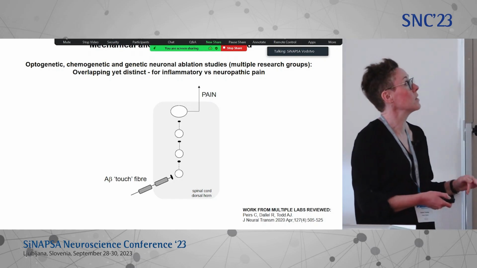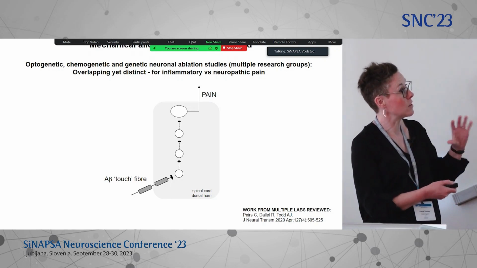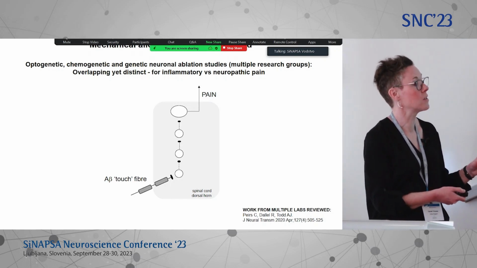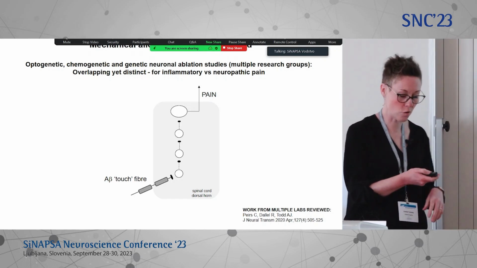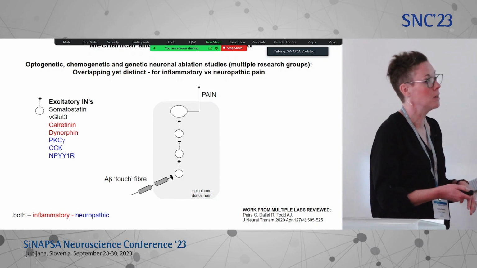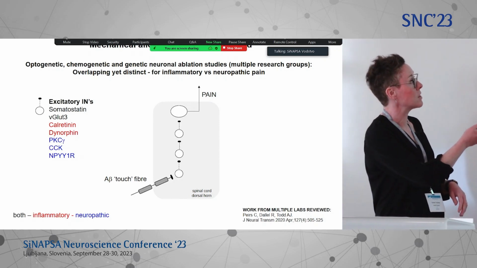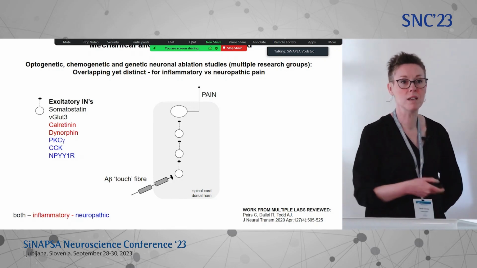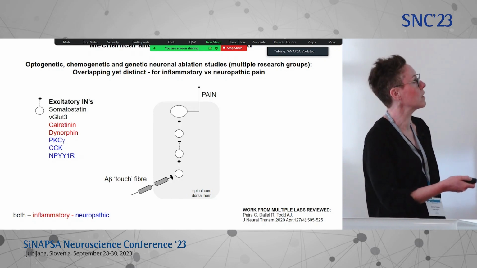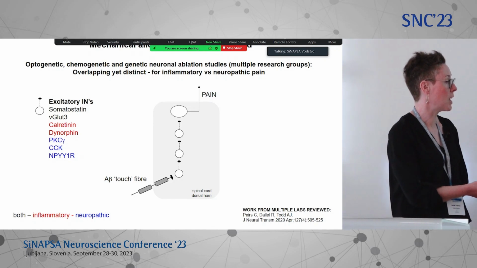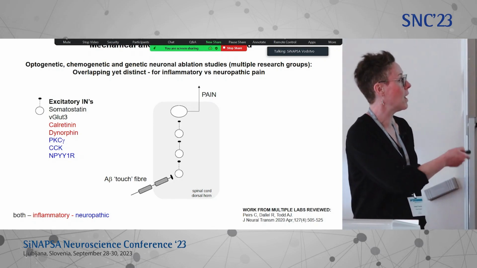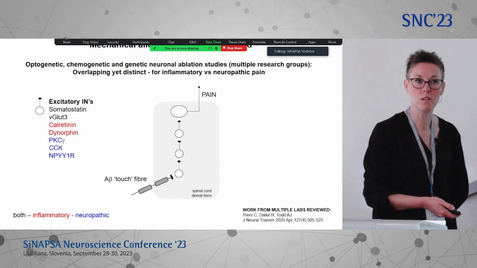And interestingly, overlapping yet distinct allodynia circuits are recruited in inflammatory versus neuropathic pain. For example, somatostatin and V-GLUT3 subtypes are involved in both pain conditions, whereas calretinin and dynorphin are key for inflammatory pain, and these ones are important for neuropathic.